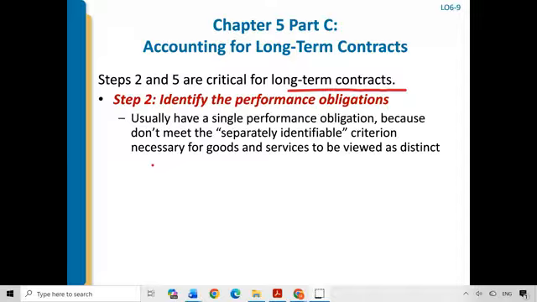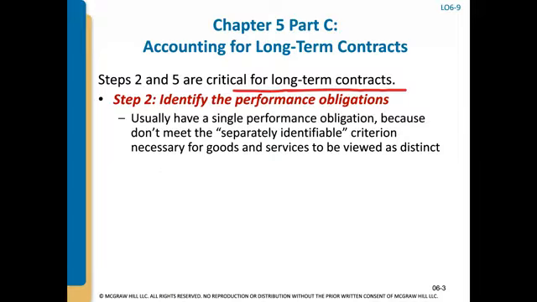So there's two steps out of that 5-step principle that we just talked about that can cause an issue with long-term contracts. Step 2 says identify the performance obligation. Well, when you're building a high-rise building or a hotel, you can't separately identify each good and service, right?